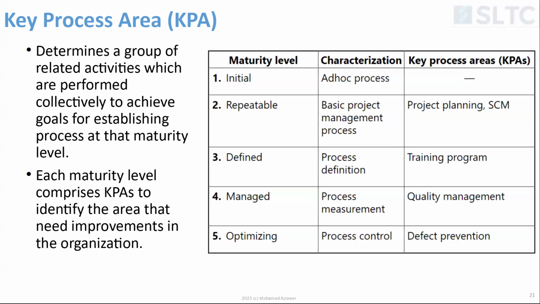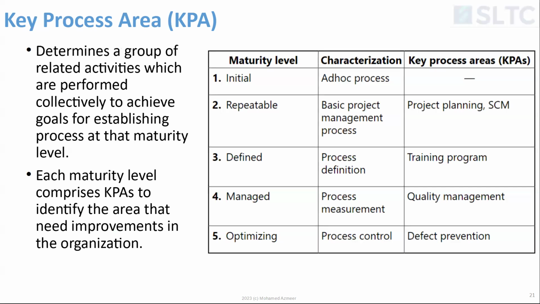So we need to look at a group of things. What are the group of things that we need to bring in order to get that done in that level? Each maturity level comprises KPAs to identify the areas that need improvement in the organization. So if you want to go to level 2 from level 1, you need to figure out, okay, what are the KPAs we need to focus on, right?